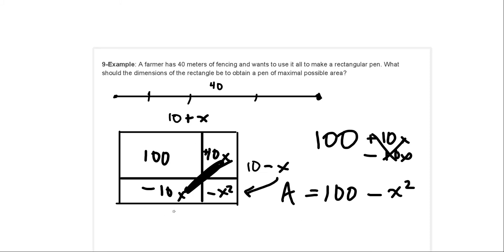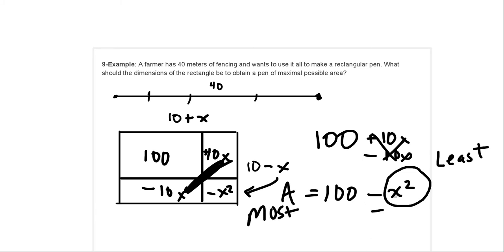So this is what gives the best possible, or biggest possible, area. Now, if we want the biggest, we're taking x squared away from 100. So if we want the most, we want to take the least here, because we're just subtracting.